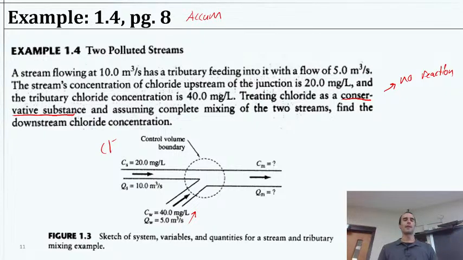It's just going to be steady state. So the accumulation should be zero, and we can put that in terms of inputs minus outputs plus some sort of reactions, which are zero. So from that perspective, go ahead and solve the problem.